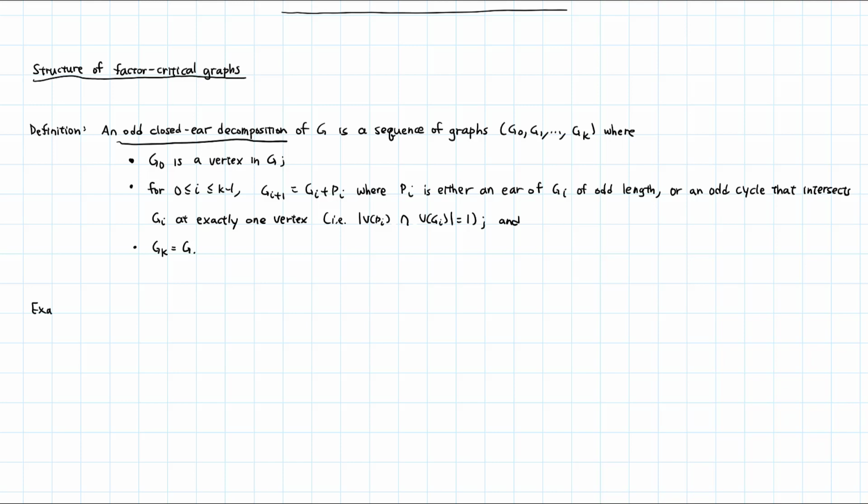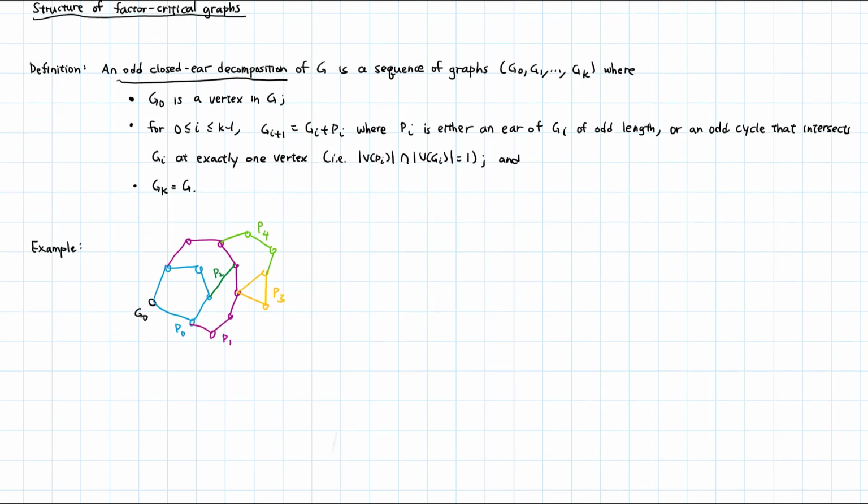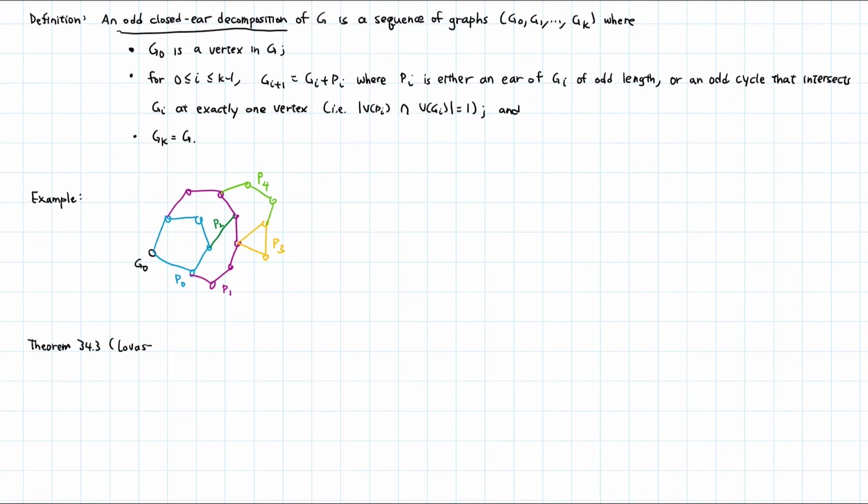And here is an example of an odd closed-ear decomposition. We start with a vertex G0, add a closed odd ear P0, which is a cycle of length 5, and an odd ear P1, which has length 7, etc. And here is a theorem by Lovász.